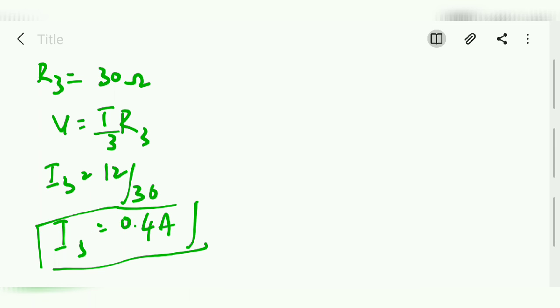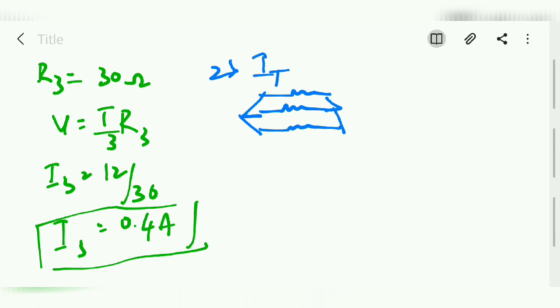Now let's move on to the second part of the question: what is the total current? Since you saw the circuit, which was roughly like this, this is how the circuit goes. Here it was I, here it is I. So this is I total, the current in the circuit. If you see here, it is splitting up into I1, I2, I3 through resistances R1, R2, R3. Got it?